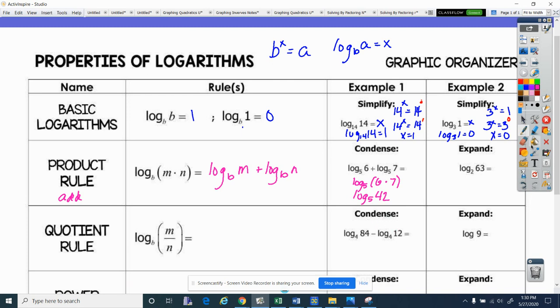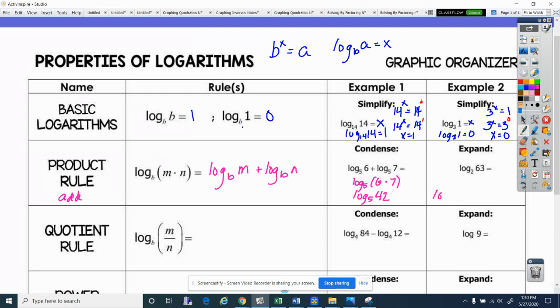It just says condense. So now here we need to expand. Well, when I'm expanding, that means I'm adding 2 logs of the same base. So I need to add 2 logs of the same base. But before I do that, I know I'm going to have log base 2 of something plus log base 2 of a number. I could write this a little lower down here.